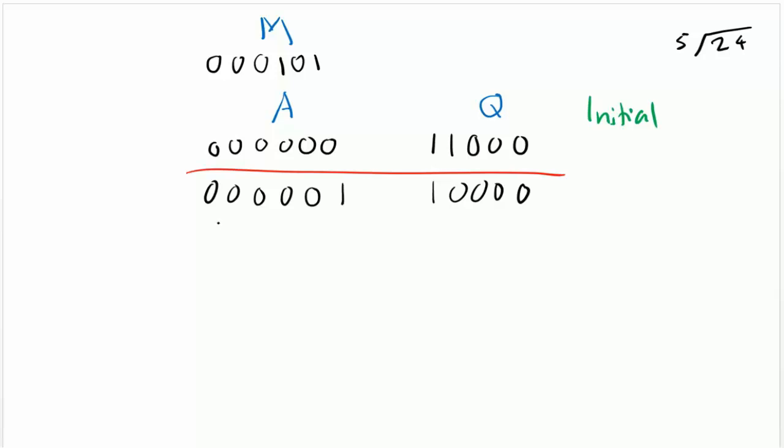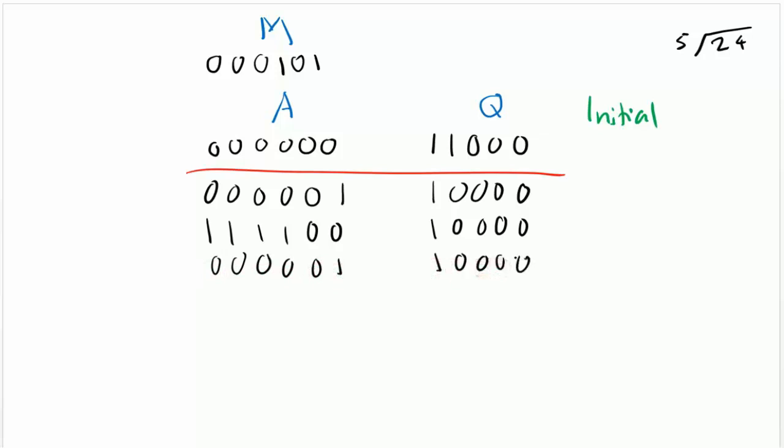Use a calculator. Then you should get 1, 1, 1, 0, 0. Register Q is unchanged. So it's negative. Revert. And then we put a 0 in the LSB of Q. So this is iteration 1.